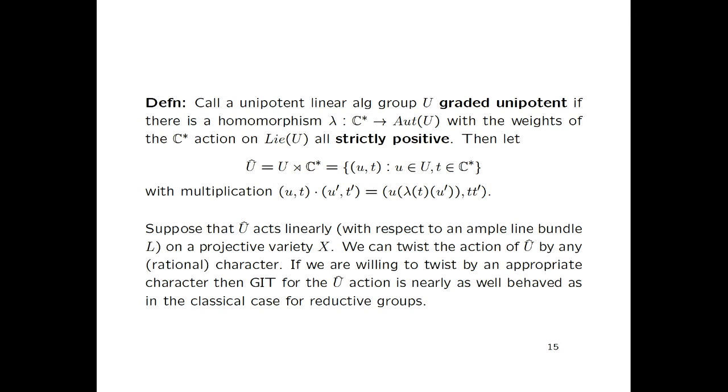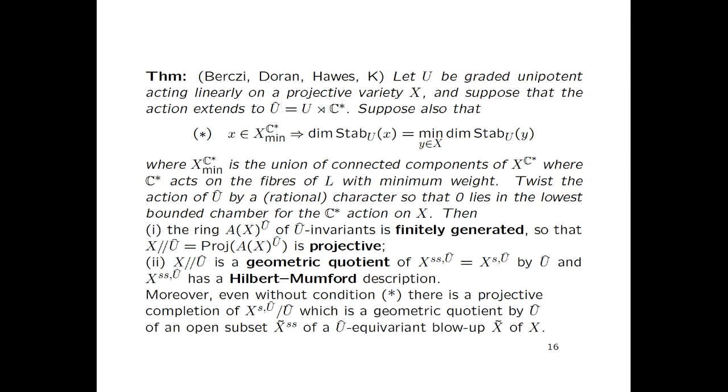If you've got a linear action of this U hat, this semi-direct product, on a projective variety, then it turns out that if you're prepared to twist the action by a suitable rational character, then GIT works more or less, well, not quite as well, but almost as well as in the classical case.